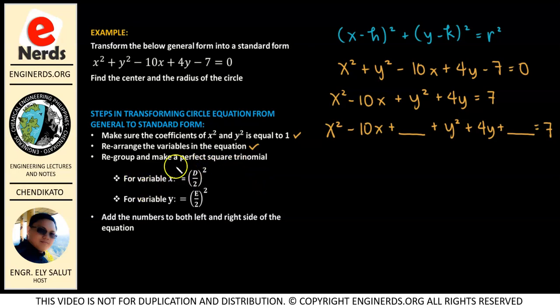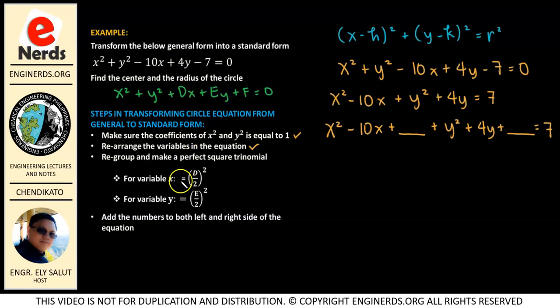Now, meron na tayong hint dito. Kailangan lang tandaan nyo to. Yung constant ng ating x here is equal to d divided by 2 squared. Okay, so ano yung d natin dito? As per sa ating general form, okay, alam natin that our general form is x squared plus y squared plus dx plus ey plus f is equal to 0.